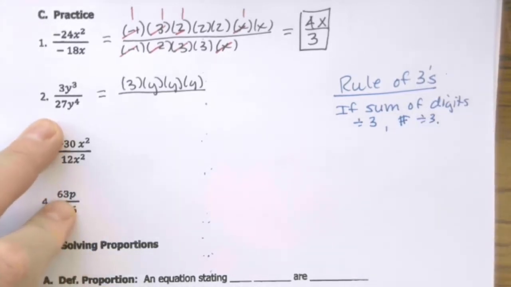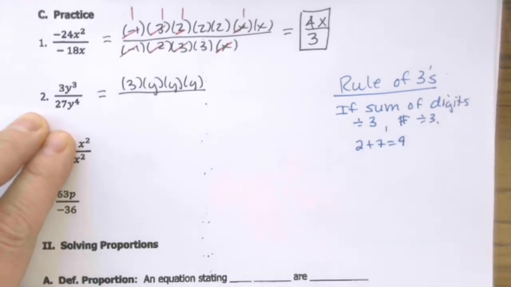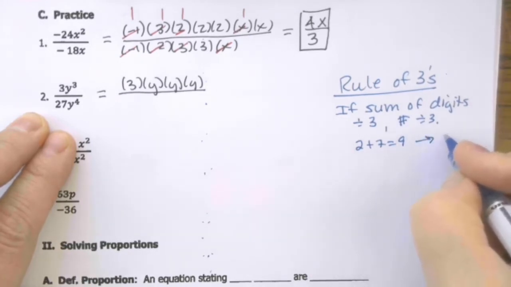So using this example, 2 plus 7 is 9. 3 will divide into 9, which means that 3 will divide into 27.